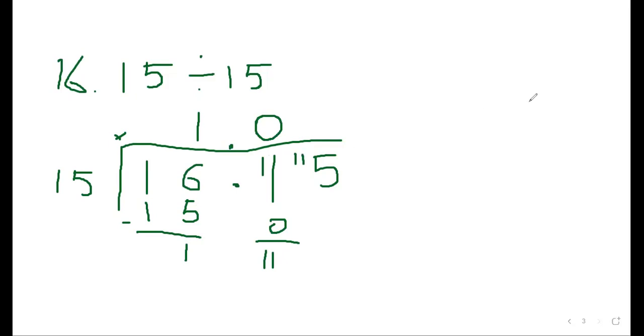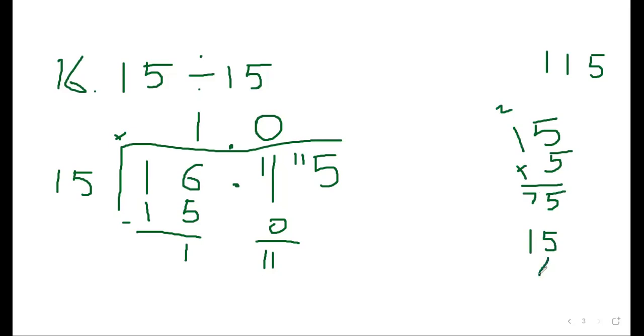Now I have 115. How many 15 in 115? So you can do multiplication again. Let's try 5. That is 25. Carry 2, 75. I will try 6. This will be 30, carry 3. I have only 90. So I will try 15 times 7.